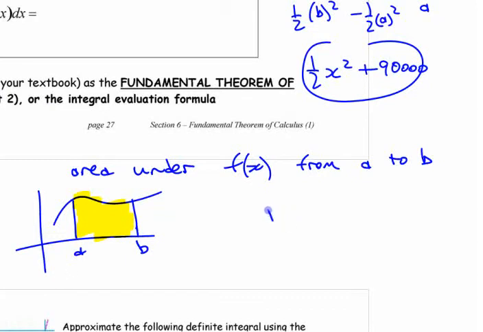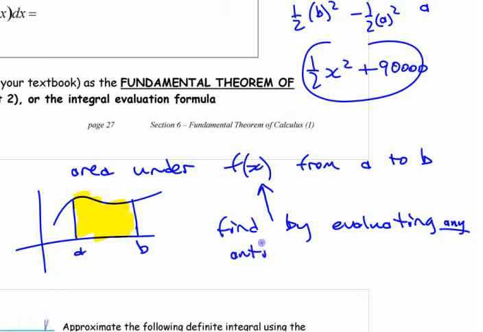As long as you know an antiderivative of this function, which here they use capital F, you can find it by evaluating any antiderivative of f of x.